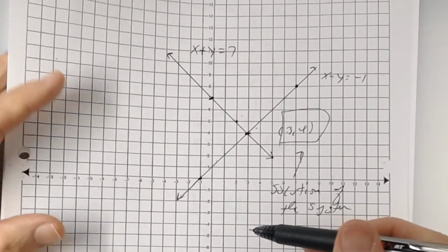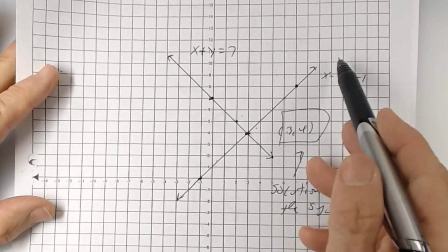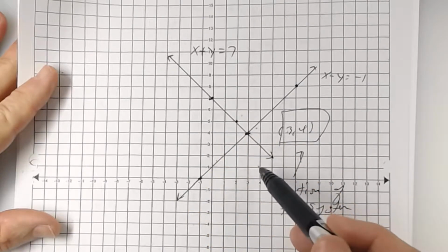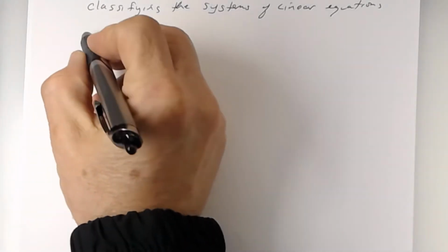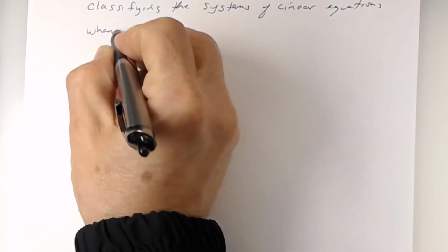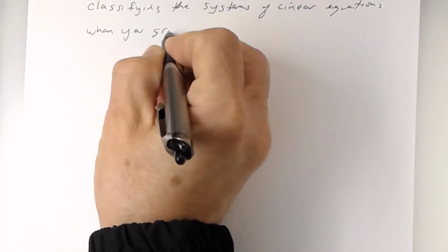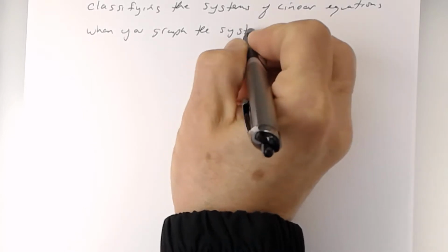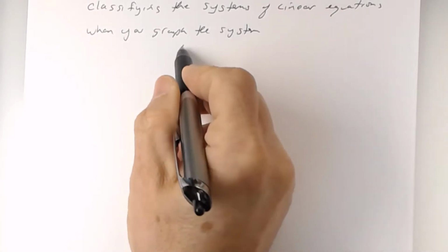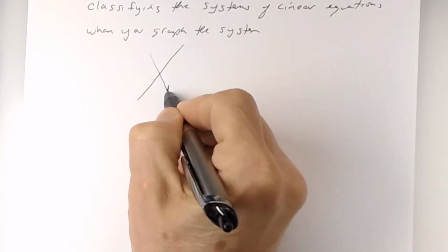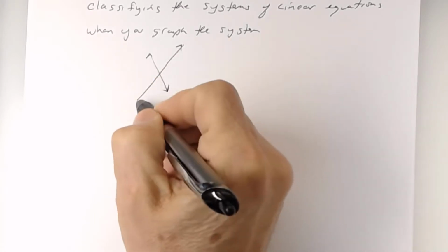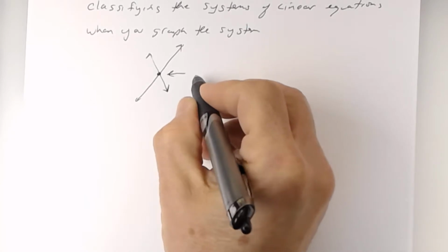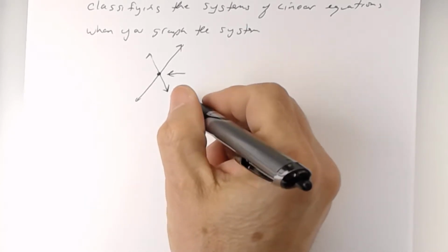Here's a possibility when you graph. When you graph a system, the two lines could intersect at a point like this. In which case, how many solutions would you have?